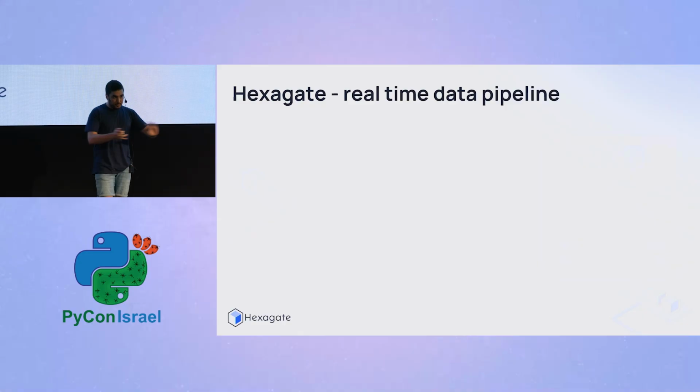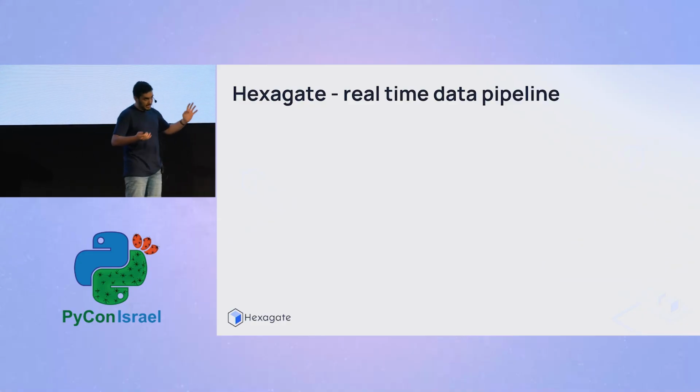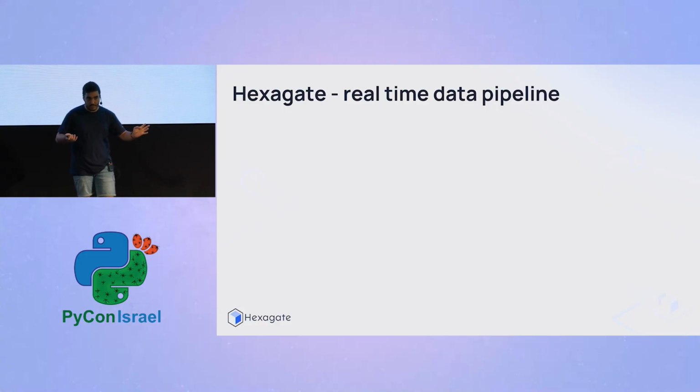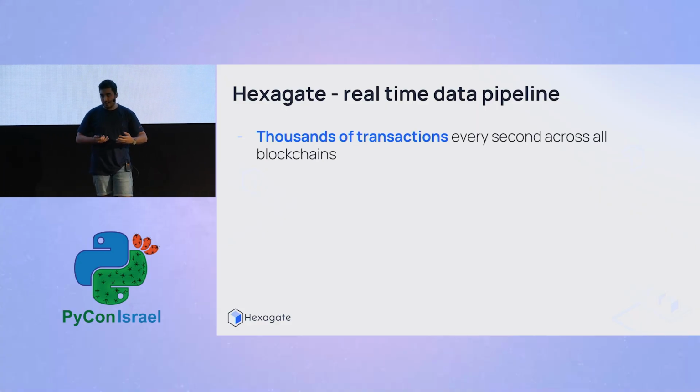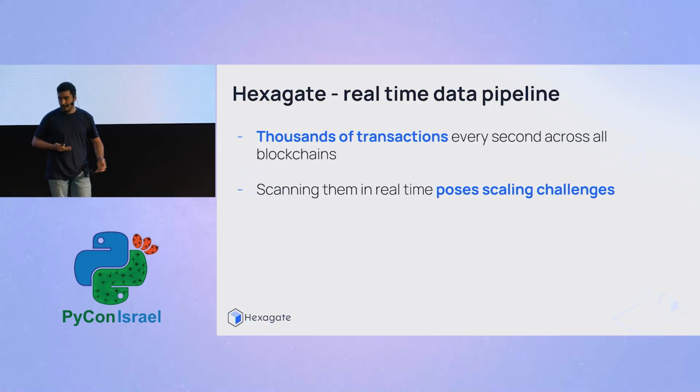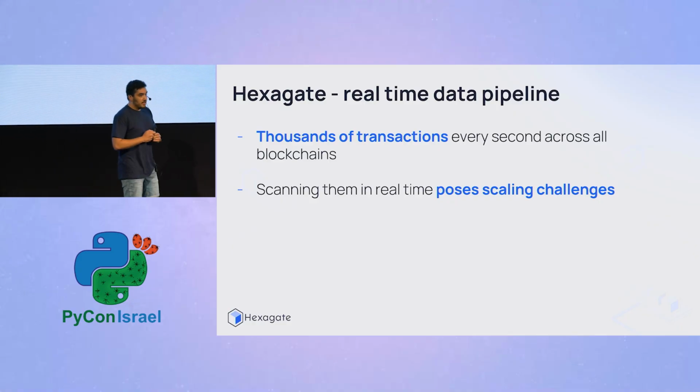So if we put the blockchain and the transaction aside for a second, Hexagate is basically a real-time data pipeline, right? What we ingest is thousands of transactions per second, which I guess you all think poses some serious scaling issues, right? That's a lot of data that we ingest.